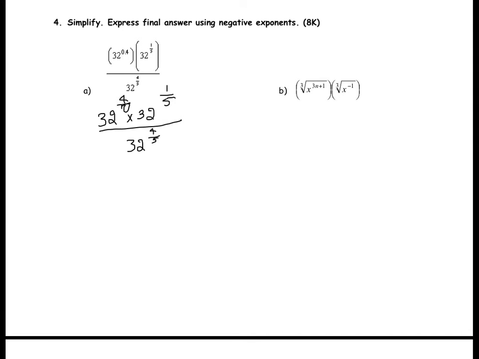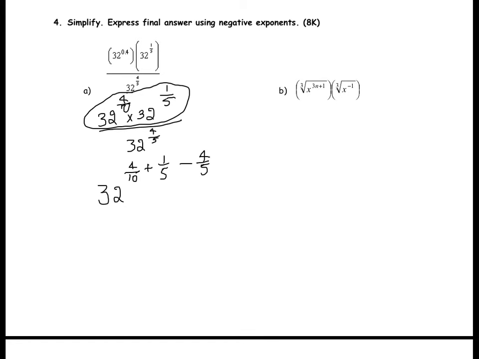I can write this one as 32 exponent 4 over 10 plus 1 over 5. Remember, when you're multiplying, you add exponents if the bases are the same, minus 4 over 5.